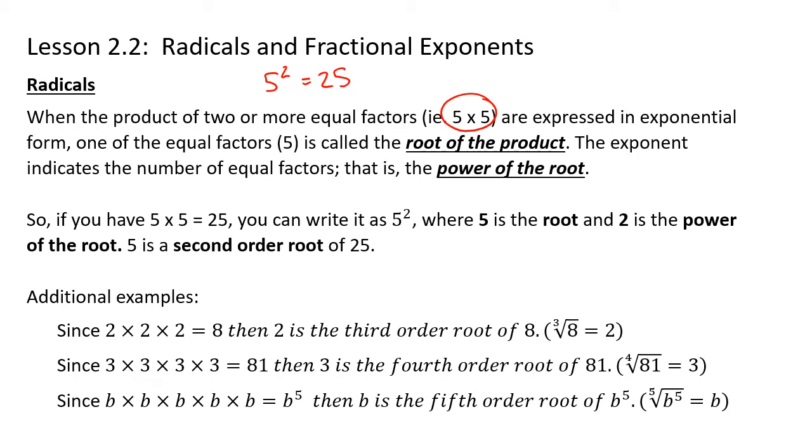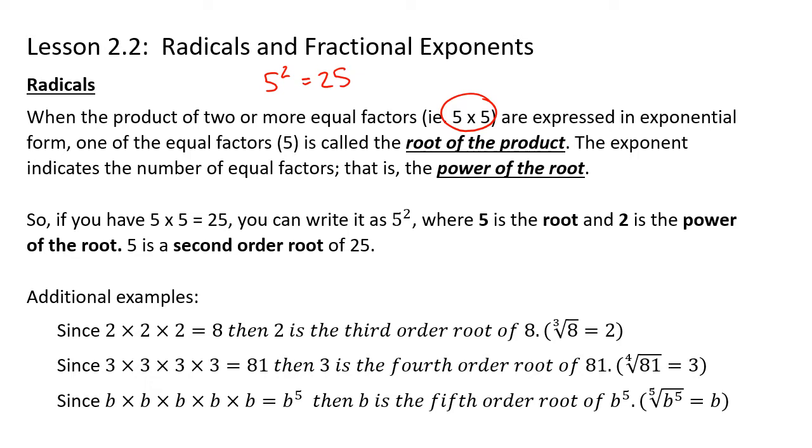So all of you have seen or heard the term the square root or the root of a function. What that means is that when you find the root, you're finding a number that, when you multiply it together a certain number of times, gives you the original number.